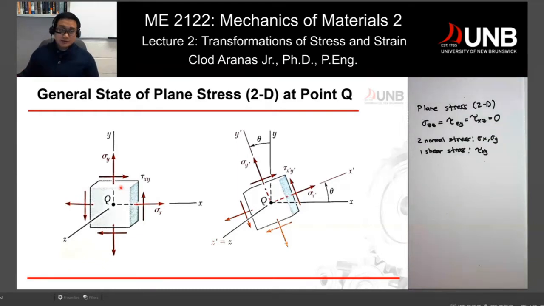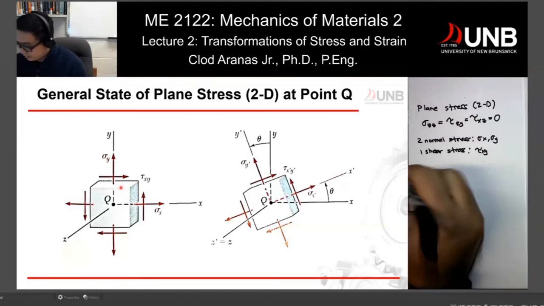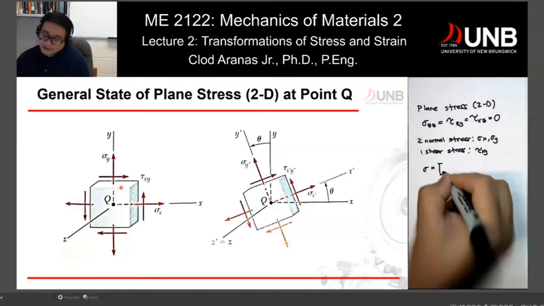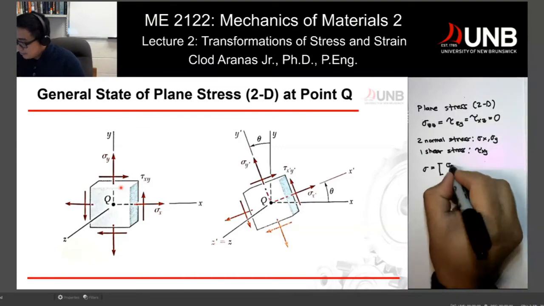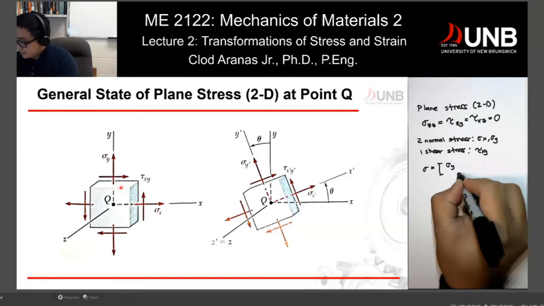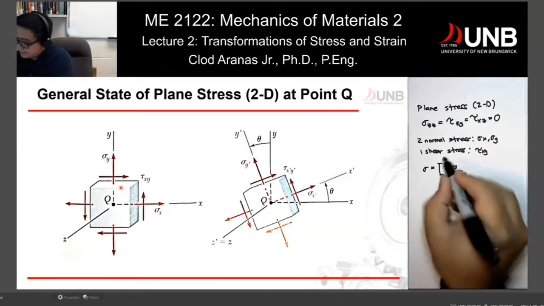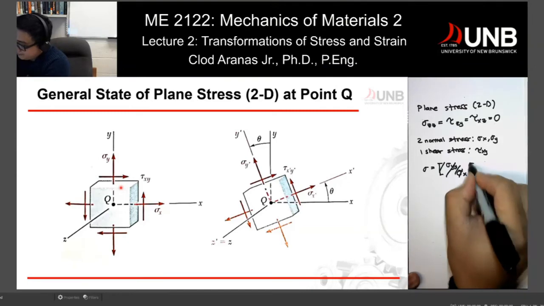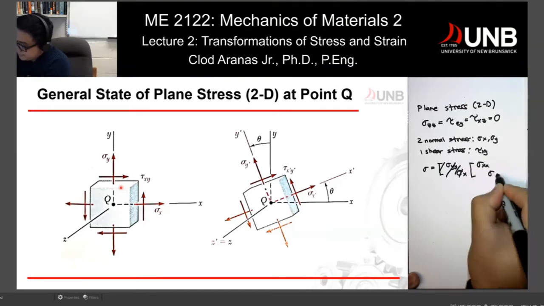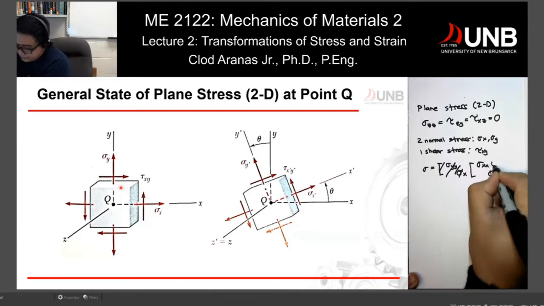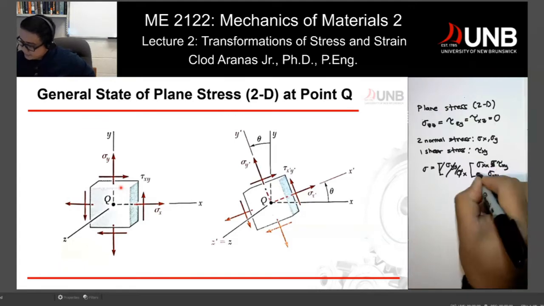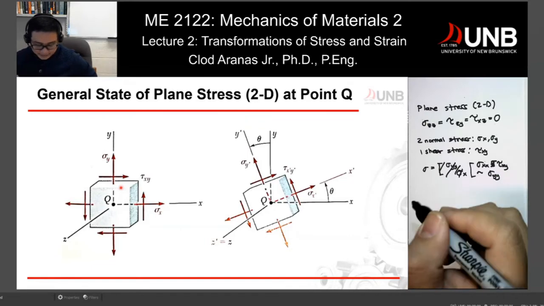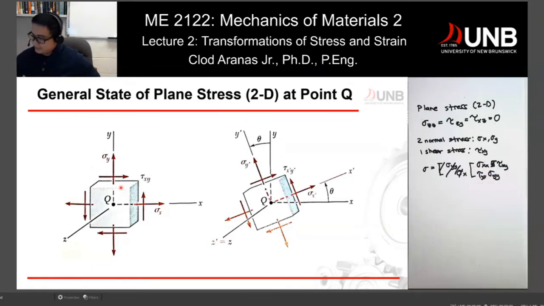Now you can even put it into a stress tensor if you like. If you put it into a stress tensor or matrix, the diagonal of your matrix would be your normal stresses, sigma xx and sigma yy, and then you can have, for example, tau xy and tau yx.